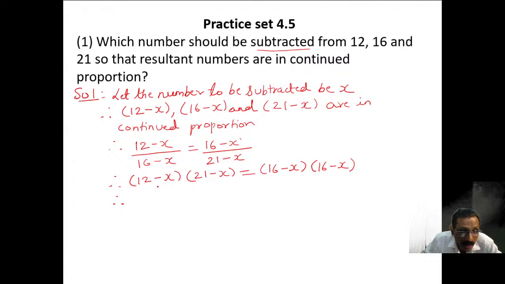Now 21 into 12. If we solve this, 21 into 12: 2 ones are 2, 2 twos are 4, 1 ones are 1, 2 ones are 2. 2, 5, 2. What we got is 12 into 21 gave me 252.